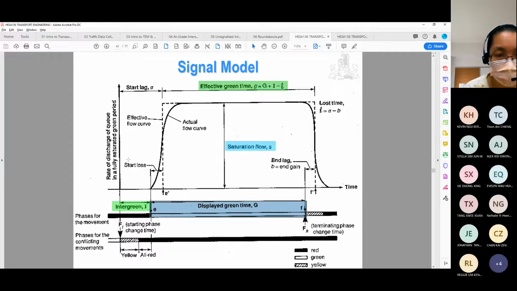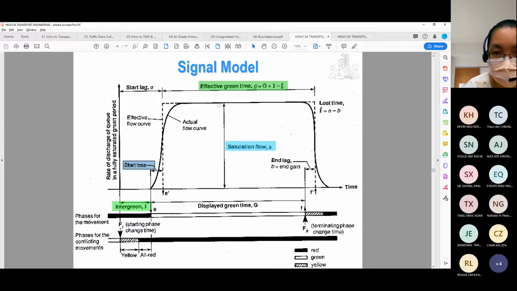So we have a bit of start loss at the beginning. Only after a couple of seconds will all the vehicles pick up speed and be cruising at quite a steady pace. So that's where the saturation flow has been reached.